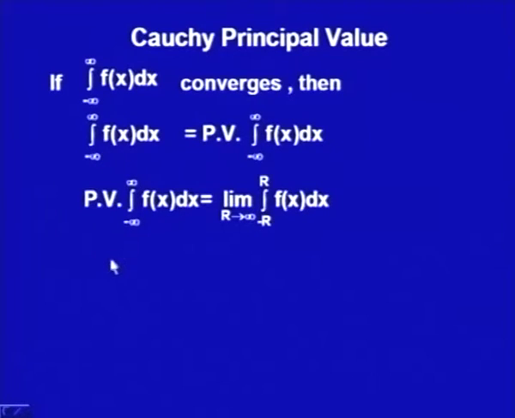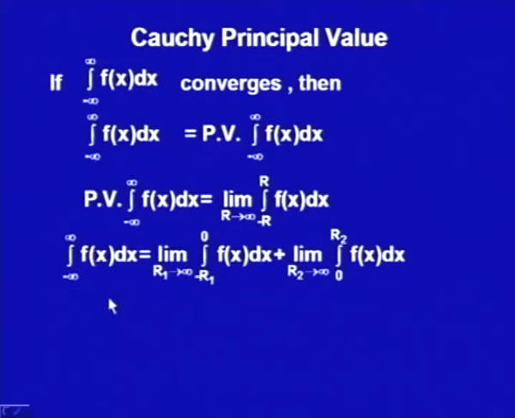Let us take a very simple example. The integral we have defined as the limit as r1 approaches infinity of the integral from minus r1 to 0, plus the limit as r2 approaches infinity of the integral from 0 to r2 of the function f(x).